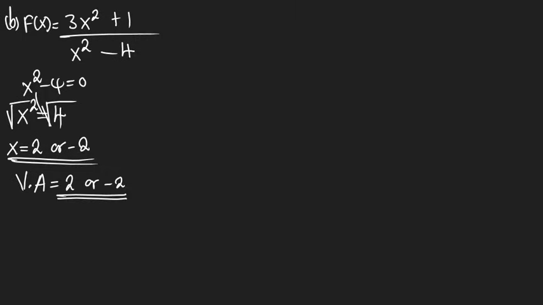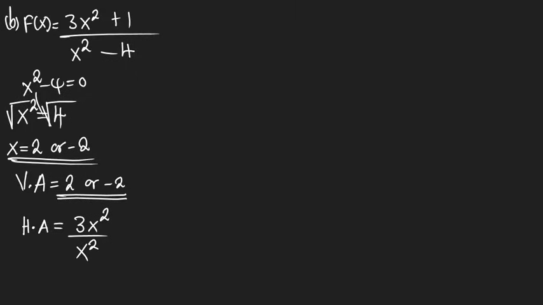Okay, let's do the horizontal asymptote. For our horizontal asymptote, we just look at the degree of the x value given. Because it's a power, it's x to the power 2 there, and on the other end it is also x to the power 2. So this is 3x to the power 2 over x to the power 2, like that.